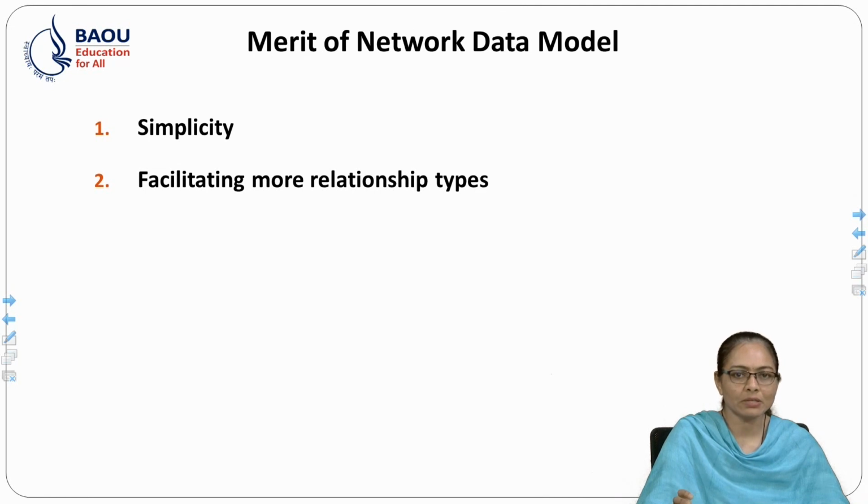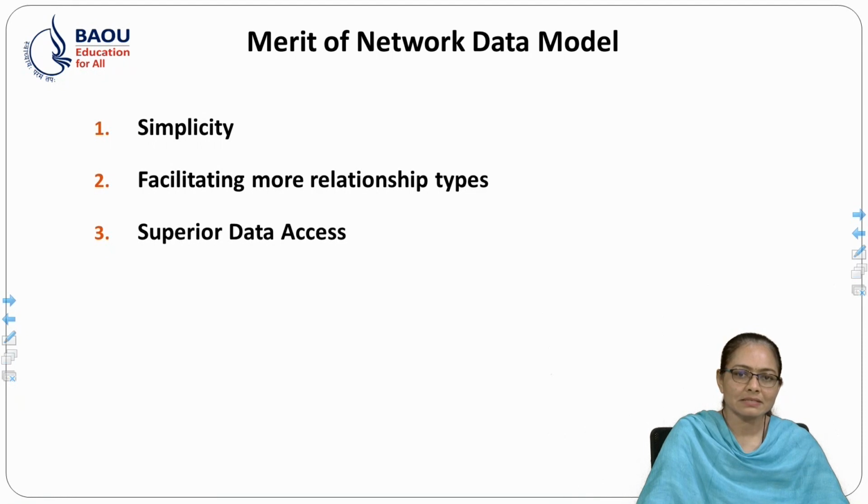It is able to represent one-to-many, many-to-one, one-to-one, many-to-many, all the relationships. It is able to handle many-to-many relationships as a member or child can have multiple owners and parents. So it is easy for all the relationship databases.